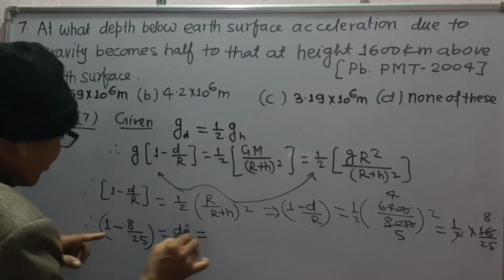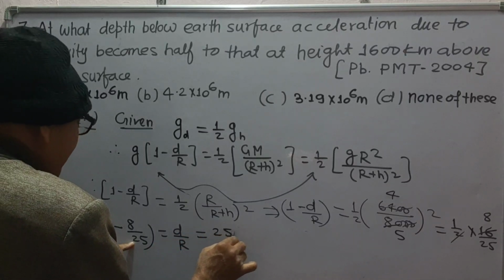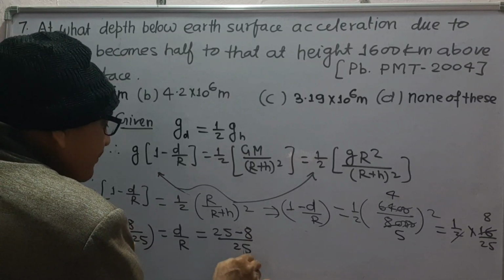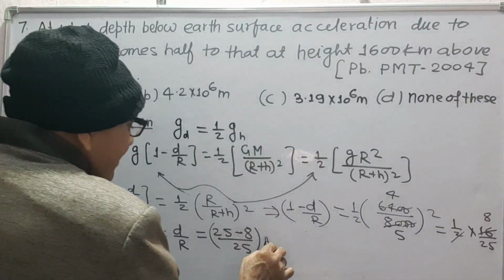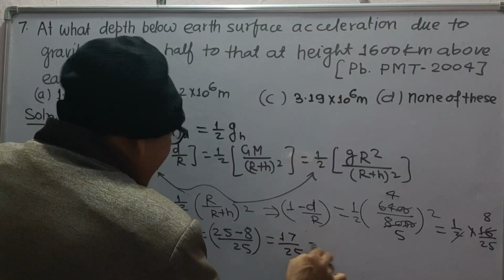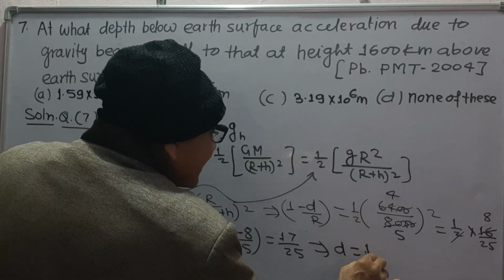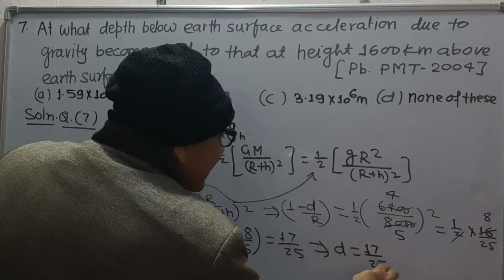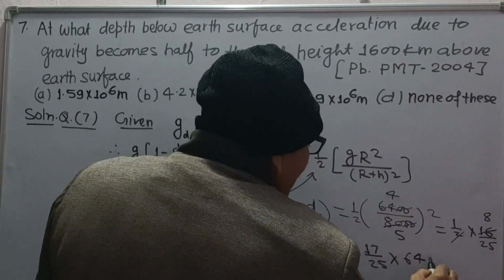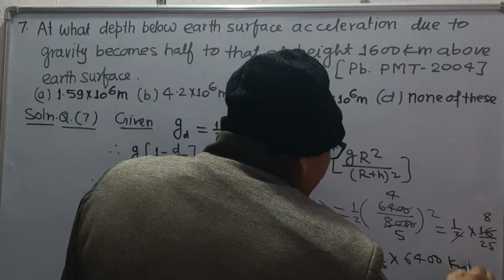Thus 1 minus 8 upon 25 will give d upon R, which is equal to 25 minus 8 upon 25, that is 17 upon 25, which gives d as 17 upon 25 into R. R is 6400 kilometer.